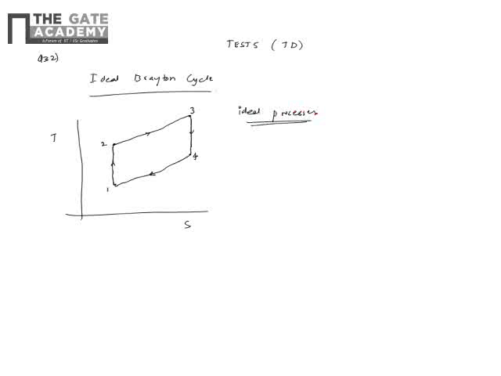Because air is the medium, we assume it's an ideal gas, and for an ideal gas the change in enthalpy is related to the change in temperature in a simple way. So now I just need to find the temperatures, because once I get the temperatures at all the points, I can easily calculate the changes in enthalpies, and that will be nothing but the work.